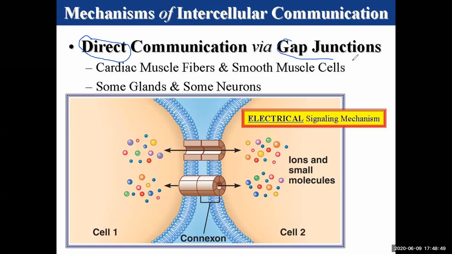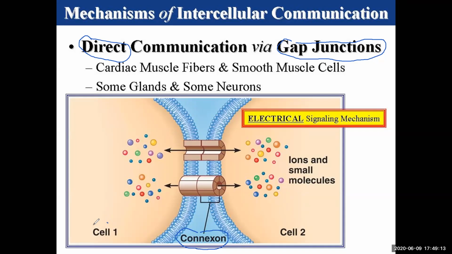So 24/7 openings. This is a gap here. This is one gap junction. This is the second gap junction. And you're required to know the transmembrane protein used to build these gap junctions. They're called connexon. And these passageways remain open 24/7.